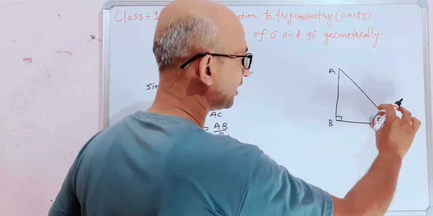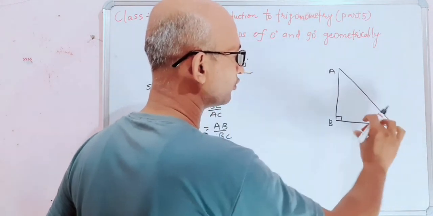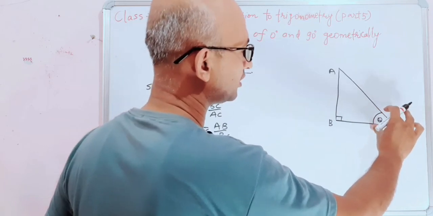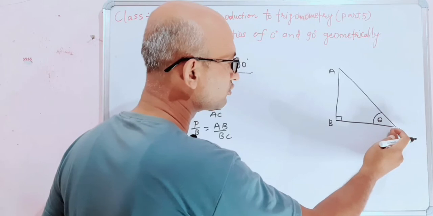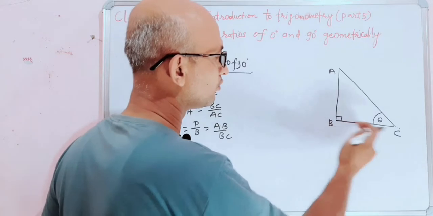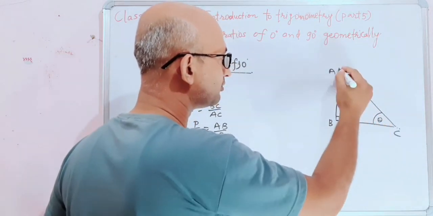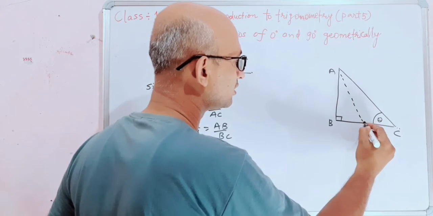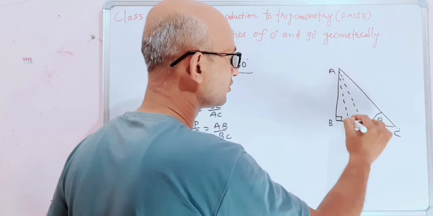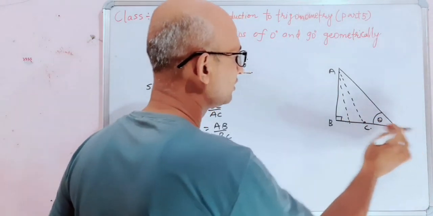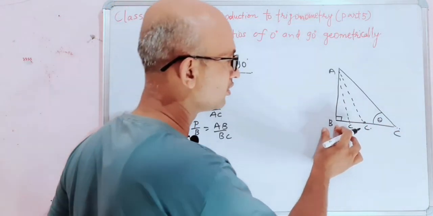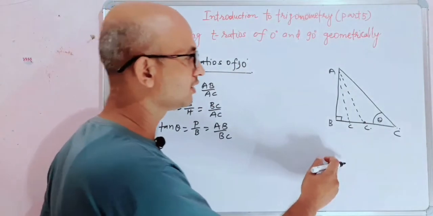Now to find trigonometric ratios of 90 degree, this theta has to be increased. For that, theta needs to be increased gradually. In doing so, we need to move the point C closer to point B. When the point C moves towards the point B, we find that theta increases, and when the point C almost coincides with B, theta becomes 90 degree.